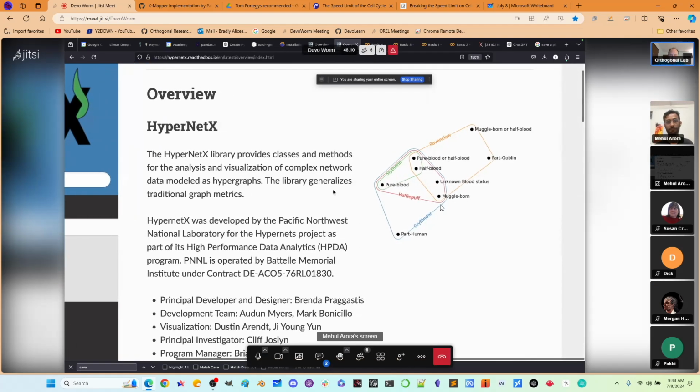It's like you have Slytherin, Hufflepuff, Gryffindor, and it can be nested or they can be separate, and then those are connected. So in Slytherin, there are 3 nodes, and those are connected to Ravenclaw. There's an overlap in this case, and they can overlap certainly.